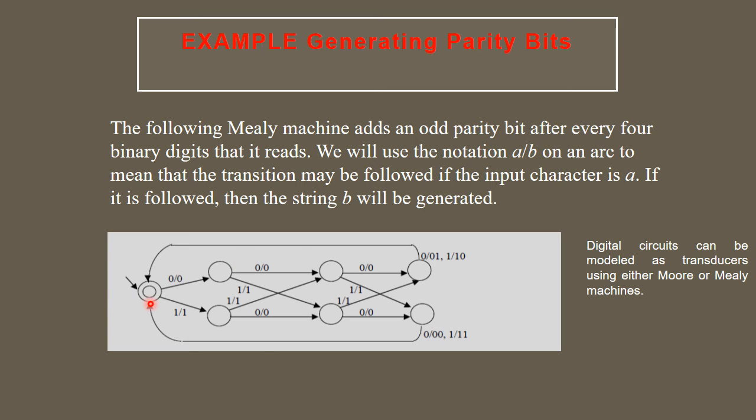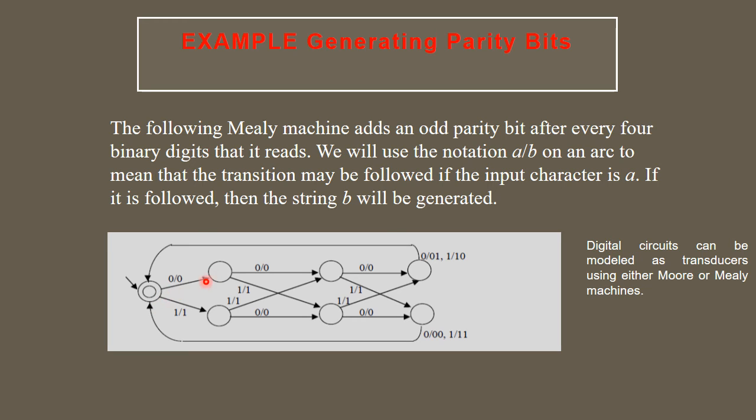So let's see now, this is the start state. What did I say? After every 4 binary digits that it reads, it generates an odd parity bit. Odd parity bit in the sense the number of ones needs to be an odd count.